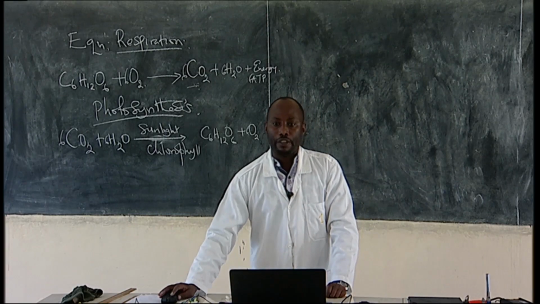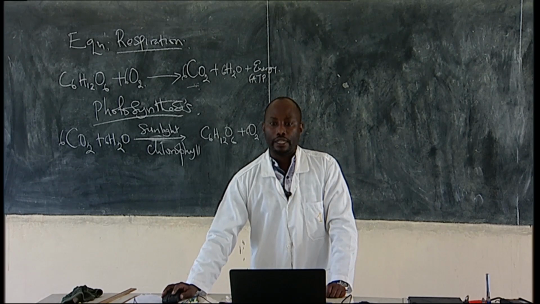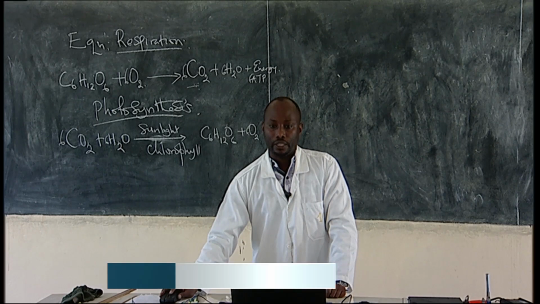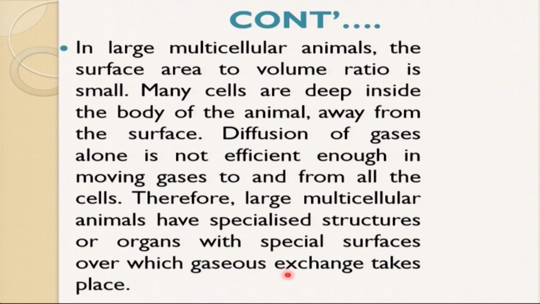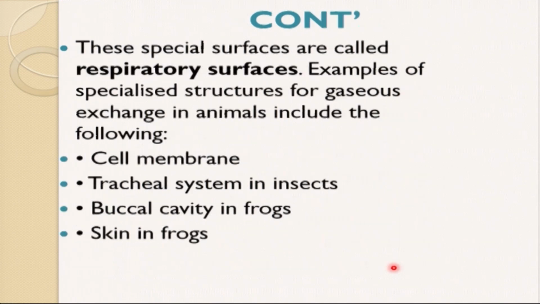As I mentioned, the diffusion of gases alone is not efficient enough in moving gases to and from the cells. Therefore, large multicellular animals have specialized structures or organs with a special surface over which gaseous exchange can take place. They must have specialized structures or organs for gaseous exchange.